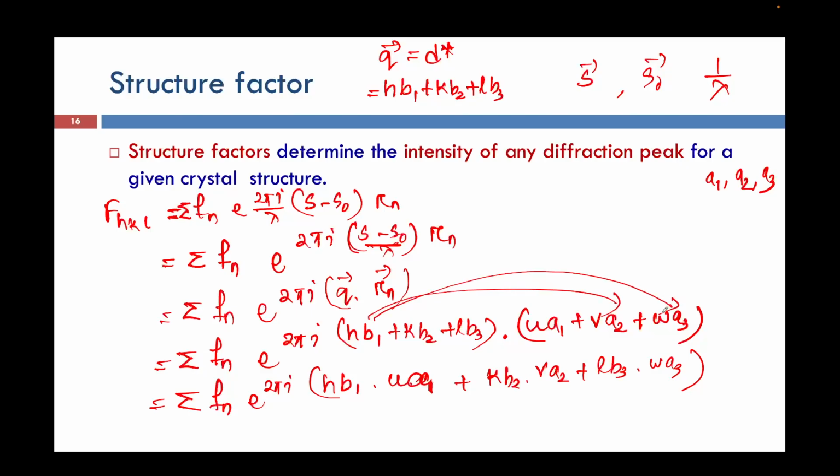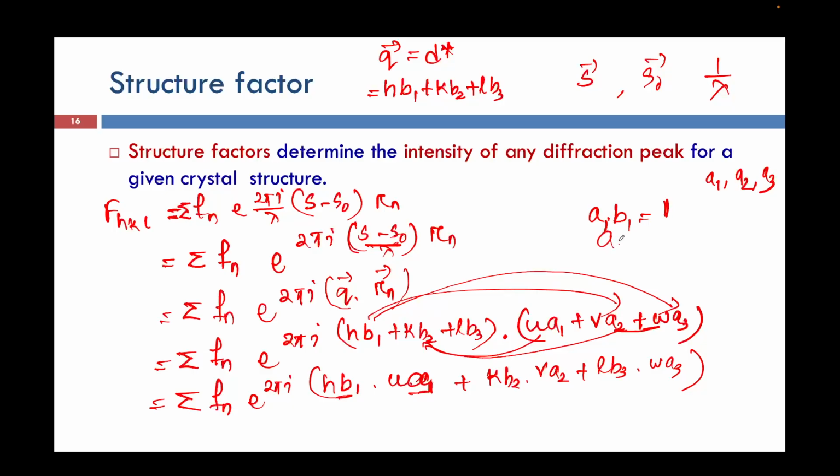Because in the dot product it will be 0. That is why I am only writing this. Here I know that b1 is the coordinate system in reciprocal lattice and a1 is the coordinate system in real lattice. So how have I defined my real lattice versus reciprocal lattice? Here I have written a1 dot, if you remember the properties of reciprocal space, how I have defined it.